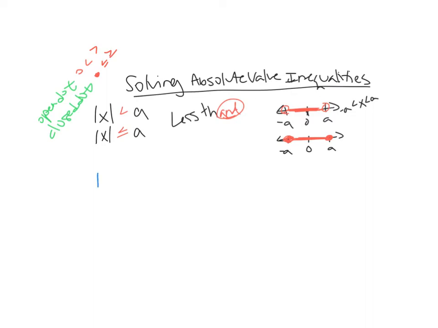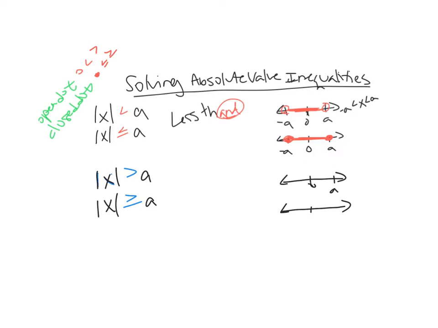Now what if we have absolute value, distance from 0, is greater than or greater than or equal to a certain value? Well, let's think about what that's going to look like on a number line. If it's greater than a certain value, I'm not going to be shading the part closest to 0.